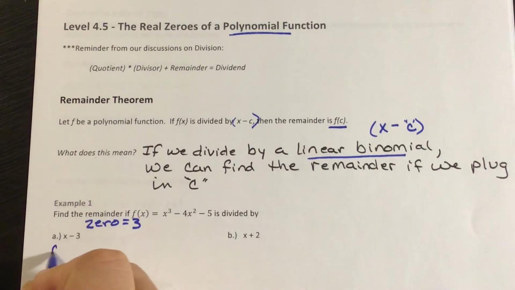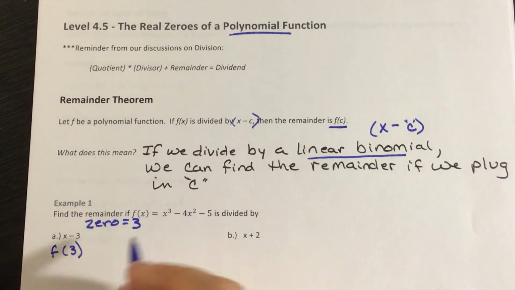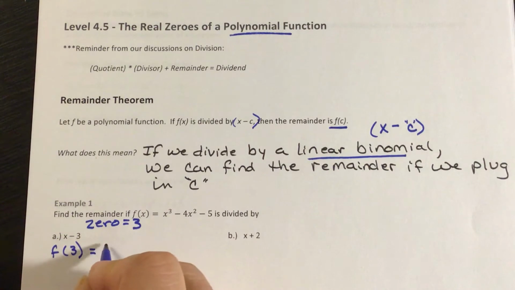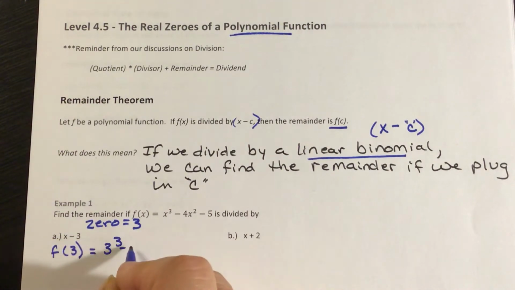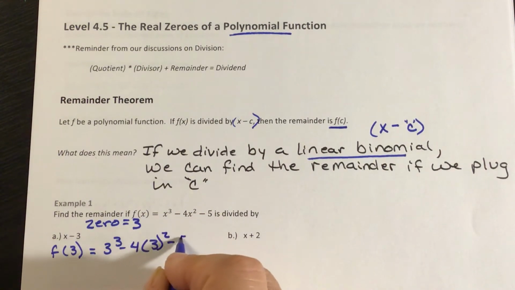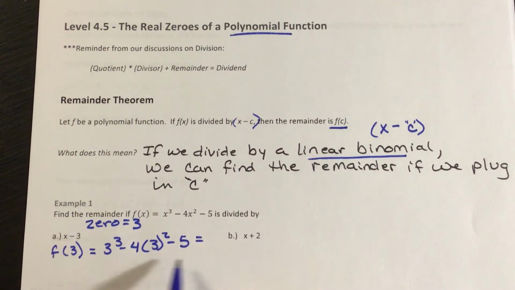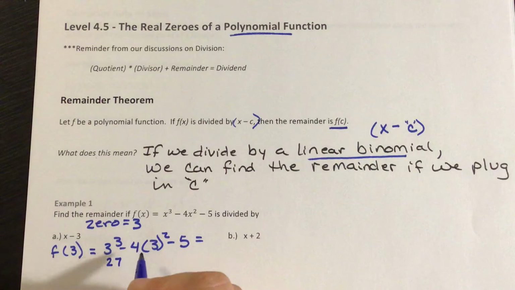And if I plug f of 3 into the polynomial function, I'm going to have 3 to the third power minus 4 times 3 squared minus 5. And if I simplify all this, 3 to the third power is 27. 3 squared is 9 times 4 is 36.